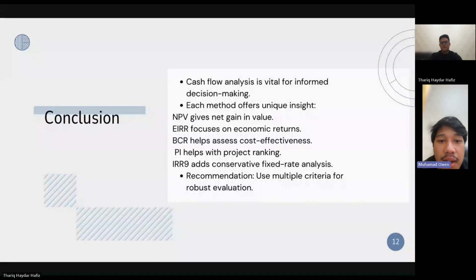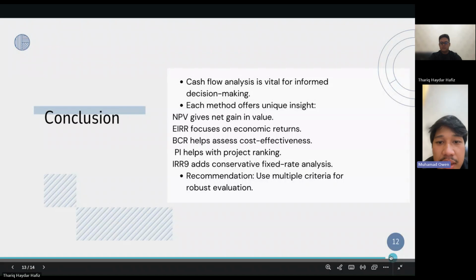So far we can conclude that cash flow analysis is vital for informed decision making.